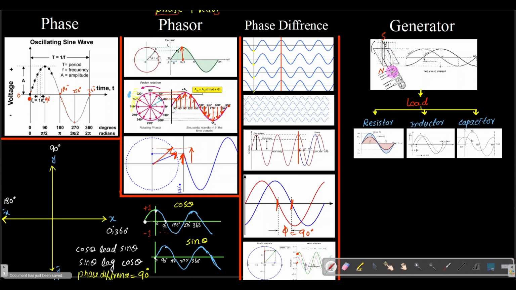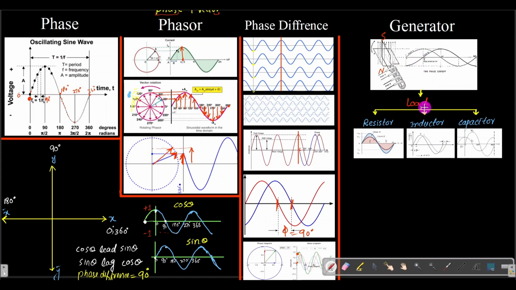It means that when the EMF induced in one coil is maximum, in the other coil that EMF will be 0. Due to that phenomenon, the phase difference occurs in those alternating quantities.